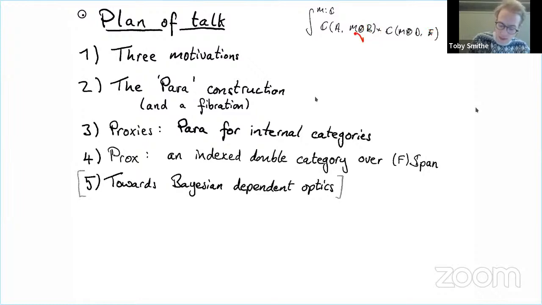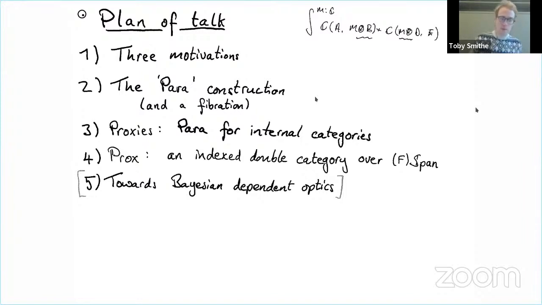But this tensoring on the domain or the codomain is the same thing as the power construction. And so there's a deep connection between optics and potentially their generalization into dependent optics, which I know people at Stratified and elsewhere are working on, and this power construction.